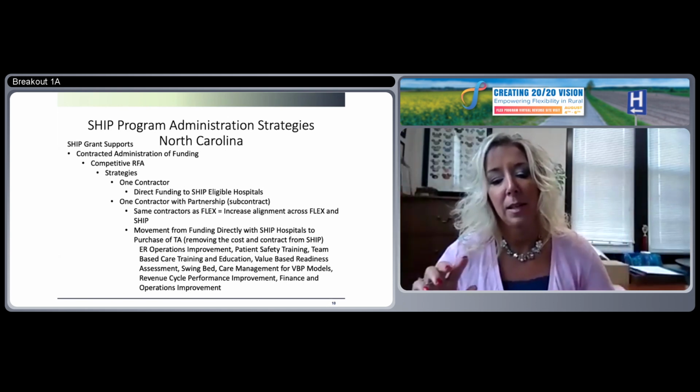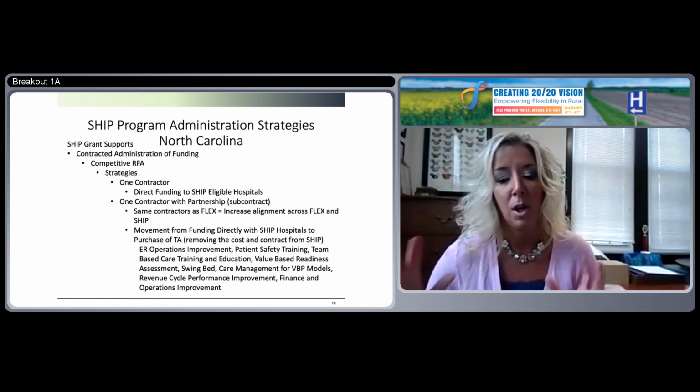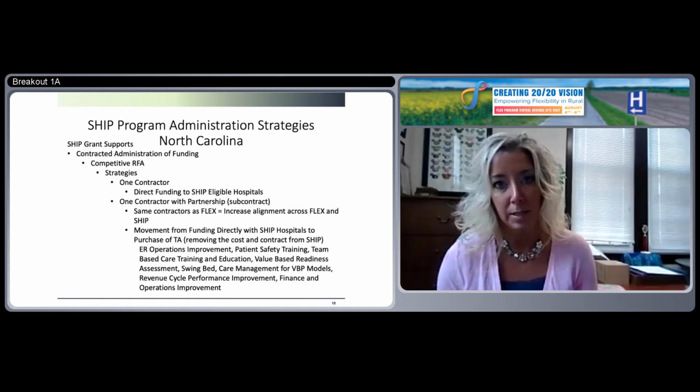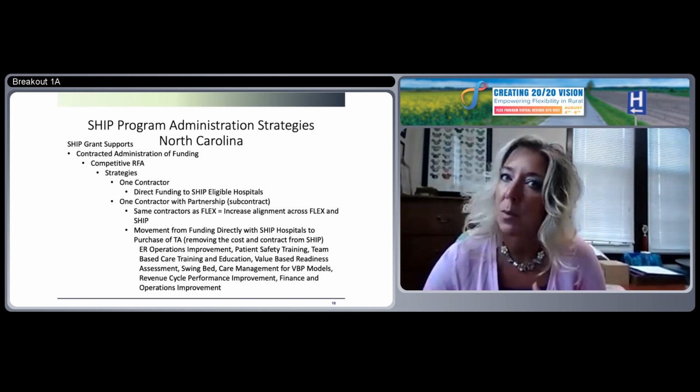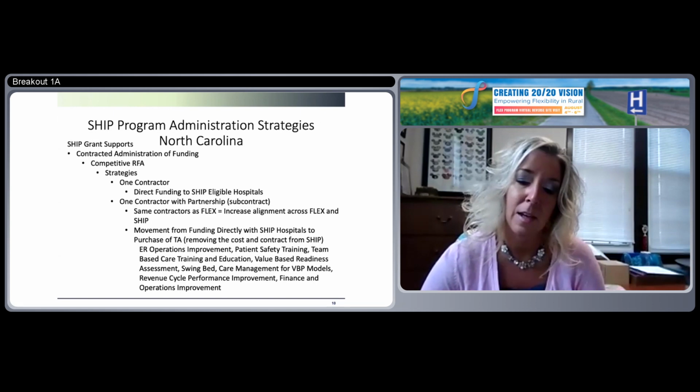So we've typically administered our SHIP program by contracting with one contractor who then directs the funding to the hospitals. The other barrier with being in state government is we have to have folks spend their money and then send us a receipt. So by going with the contractor, that eliminated that barrier for the hospitals.